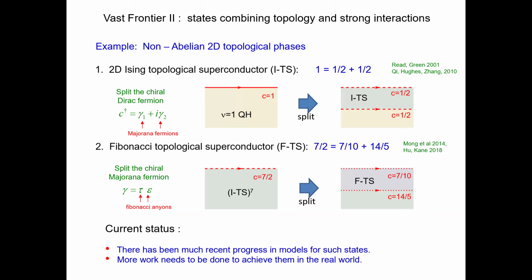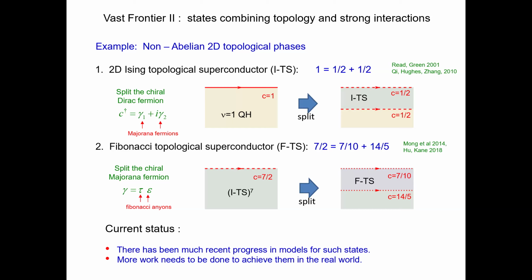Now this, humor me here, is less in the realm of what I think is going to come to life, at least in the short term. But as a matter of principle, if you have 7 copies of these chiral Majorana fermions, then they can split in a rather interesting way.